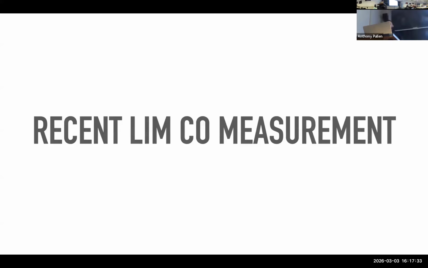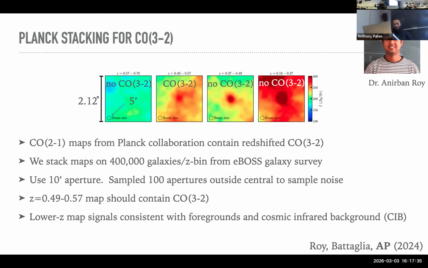All right, so this is work that was completed by Dr. Aaron Rohr, my postdoc, where he stacked Planck CO maps on eBOSS galaxies in order to try to detect the third CO line, CO(3-2).